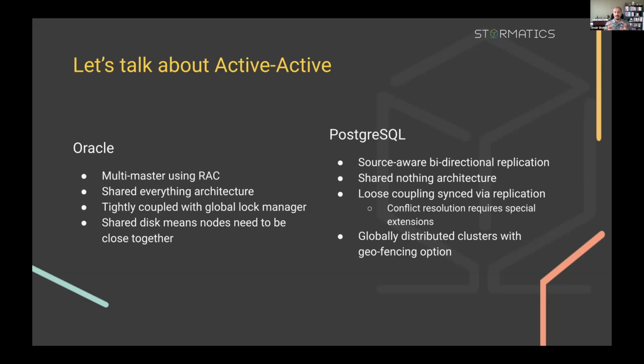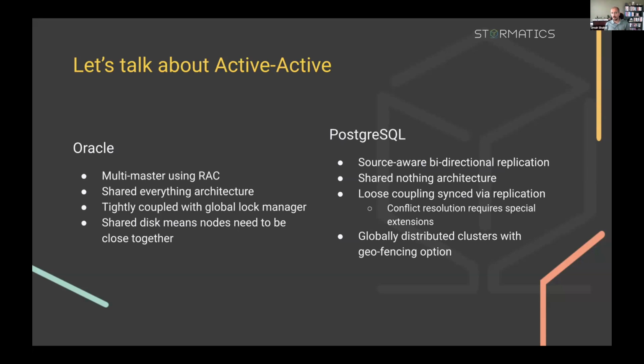Also, it allows you to have multiple write nodes, and your application could potentially write to any one of them, and hence it gives you that write scalability across those nodes.